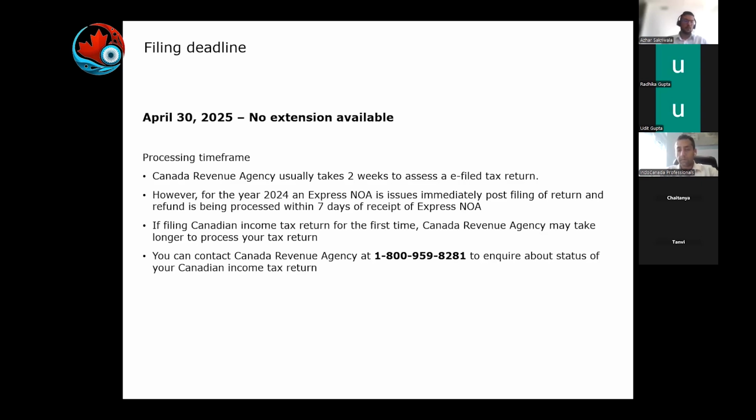If there are more complexities in your tax return and more deductions or credits claimed, which cannot be assessed directly by the CRA through their computer assisted systems, then you might experience more delay in the processing of your notice of assessment. And in case you haven't received your notice of assessment within the 2-week time frame, you can always contact the Canada Revenue Agency at their toll-free number to inquire about the status of your tax return.